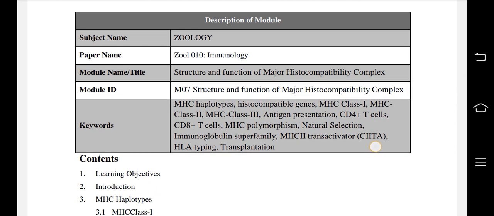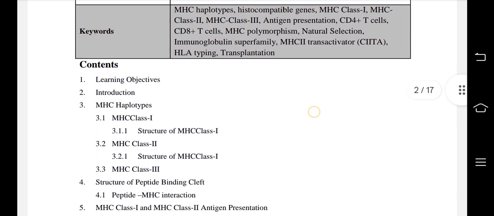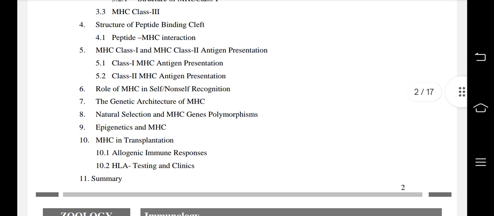Structure and function of major histocompatibility complex, MHC, in detail.